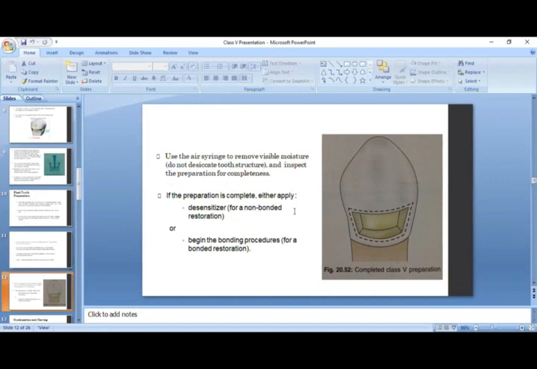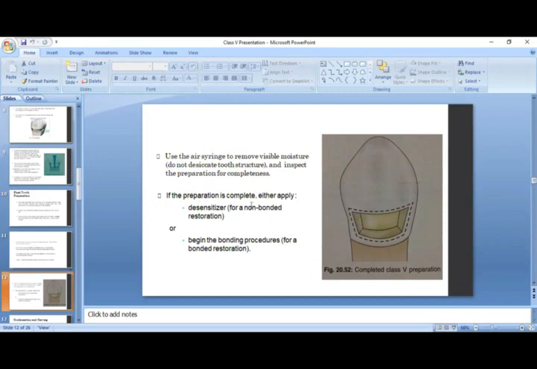What is the purpose of the air-water syringe? It has pressure that removes the debris left by the previous instrument. If we are not able to remove that debris, our restoration will definitely fail.